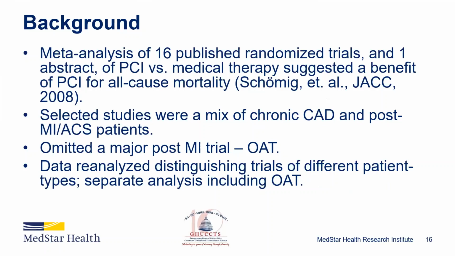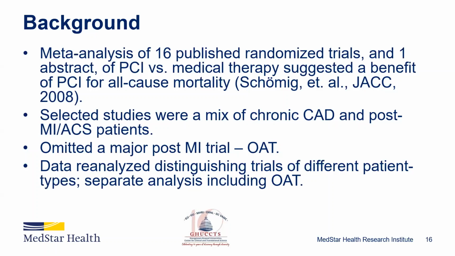However, it turns out that the selected studies mixed the patient types. In other words, there were not just CAD patients, but there were also patients categorized as post-MI or acute coronary syndrome patients. And the meta-analysis omitted a major post-MI trial, the occluded artery trial.